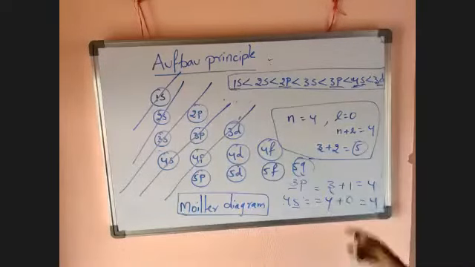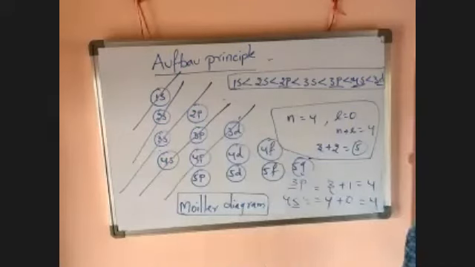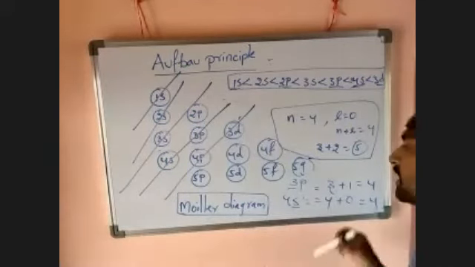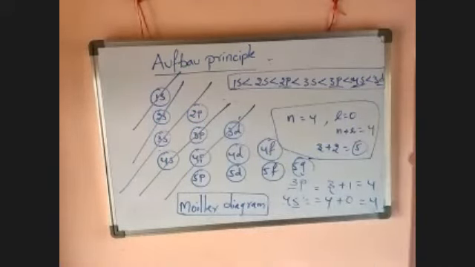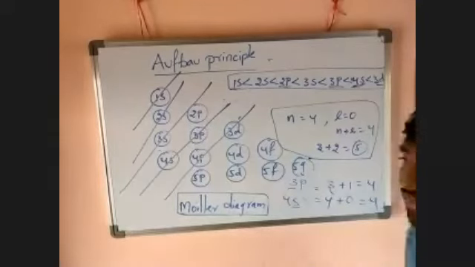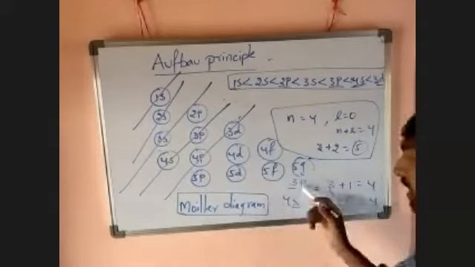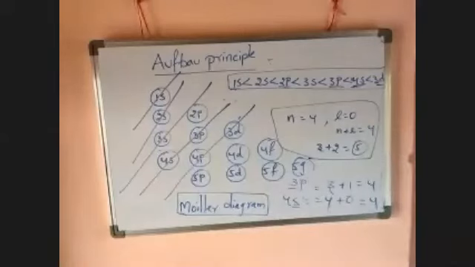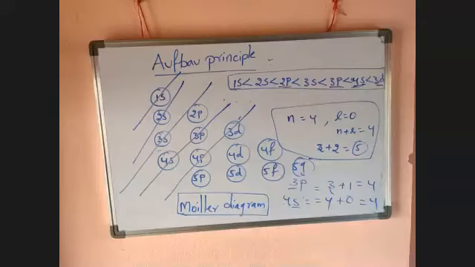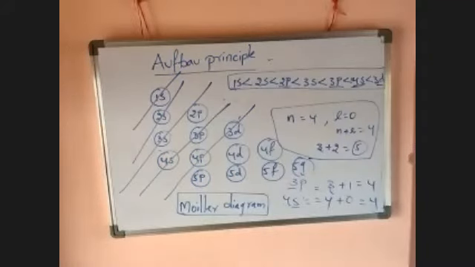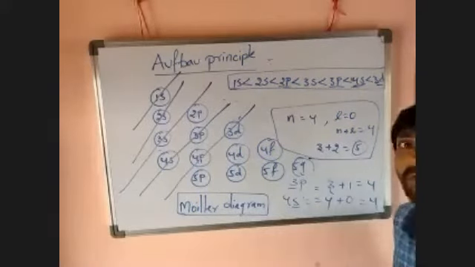Now which one is lower energy? How do we consider? The scientists said one simple point. If n plus L value is equal, in that case, the orbital having lesser n value has lower energy. More n value is more energy.